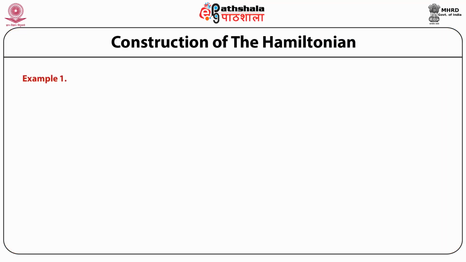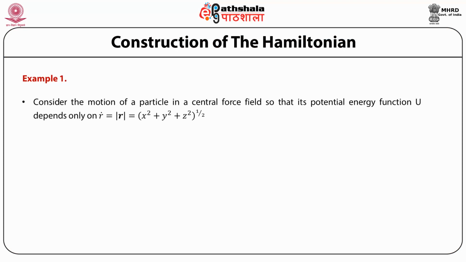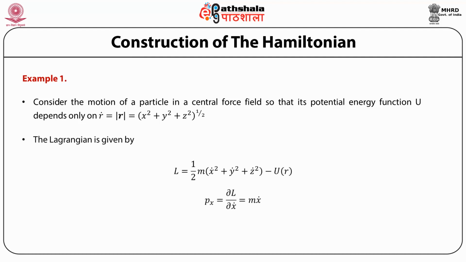With the help of some examples, we will now illustrate how to construct the Hamiltonian. Consider the motion of a particle in a central force field so that its potential energy function U depends only on r, which is the square root of x squared plus y squared plus z squared. The Lagrangian, being the difference of the kinetic energy and the potential energy, is then equal to half m times x dot squared plus y dot squared plus z dot squared, minus U of r.